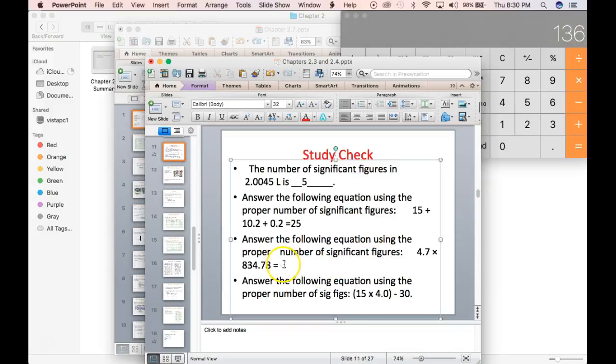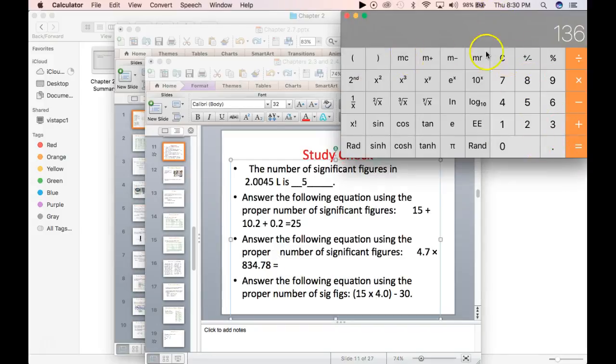And then here, when you do the math for this, 4.7 times 834.78. Okay, so now you have to round it to 2 sig figs using the rules of significance for multiplication.